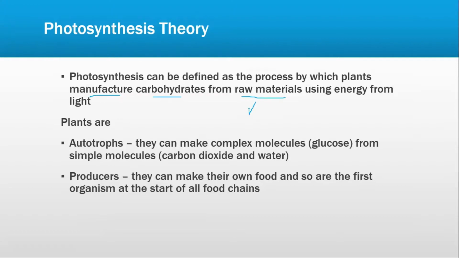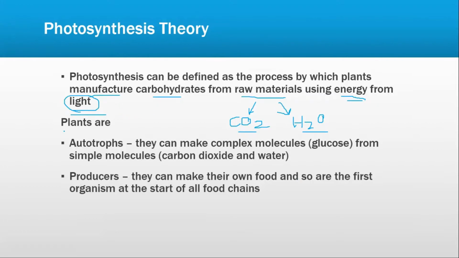Those raw materials were CO2 and water, H2O, using energy, and this energy was in the form of light. So you see the raw materials are CO2, H2O, and light energy. These are the raw materials needed for photosynthesis to occur, and the products will include glucose and oxygen.